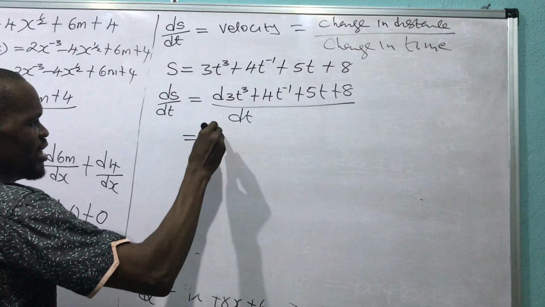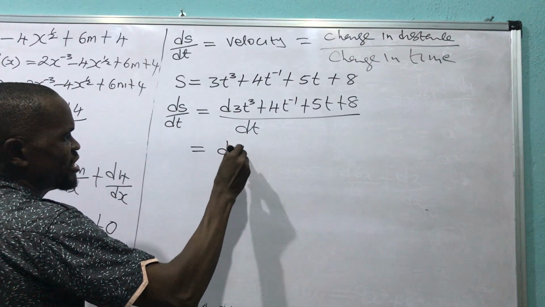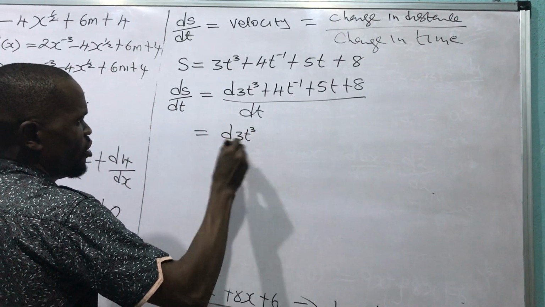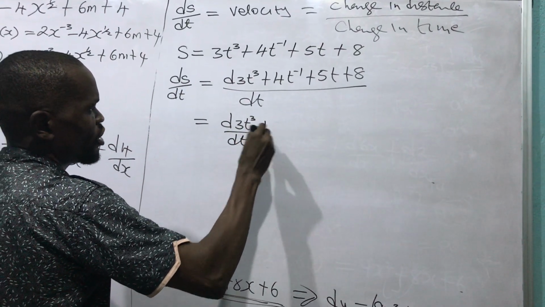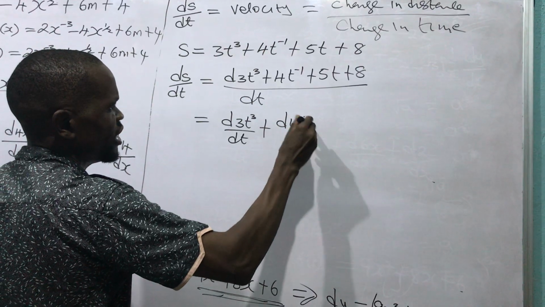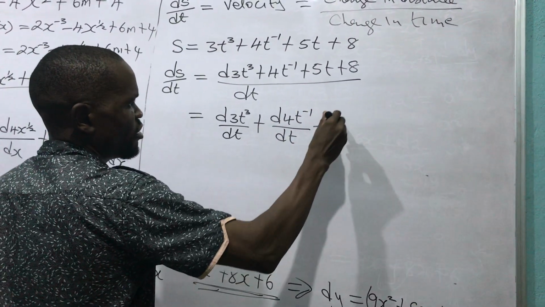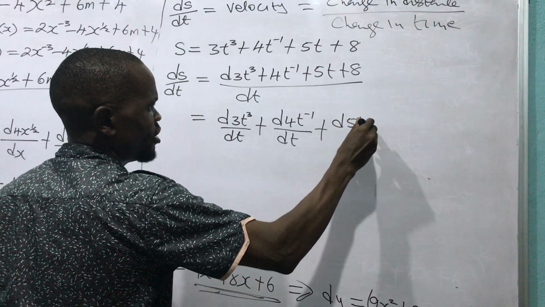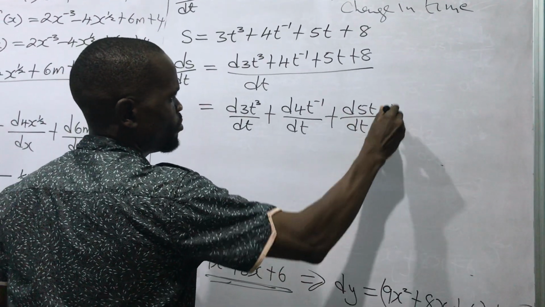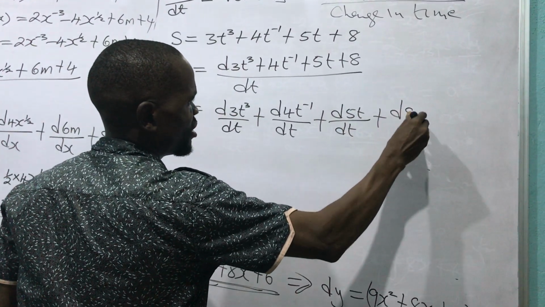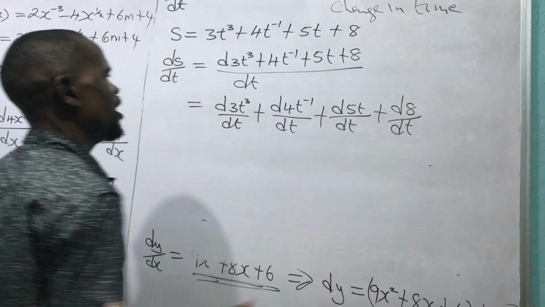And this will give me d(3t^3)/dt plus d(4t^-1)/dt plus d(5t)/dt plus d(8)/dt. And look at this.